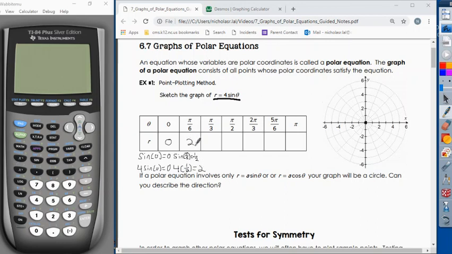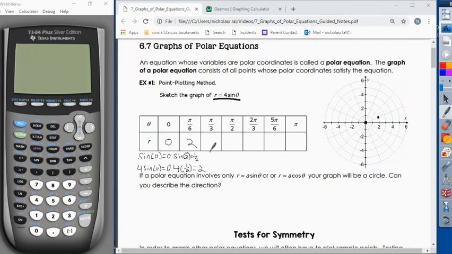So now, this is for all angles, but we're just picking specific angles. When you're facing pi over 6 radians, you're going to be going 2 units out.